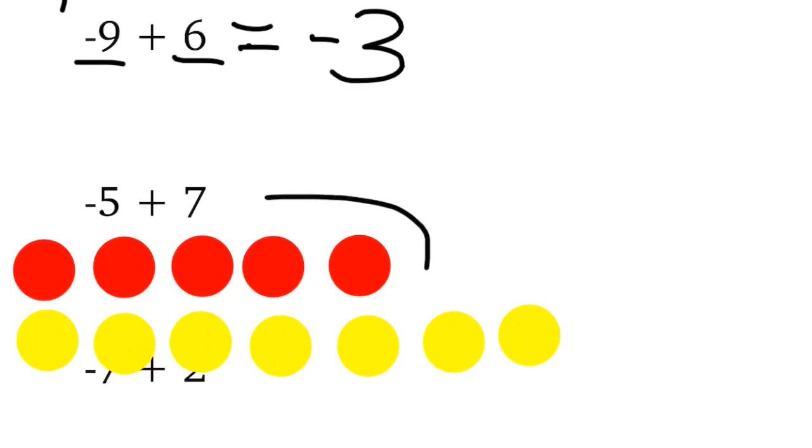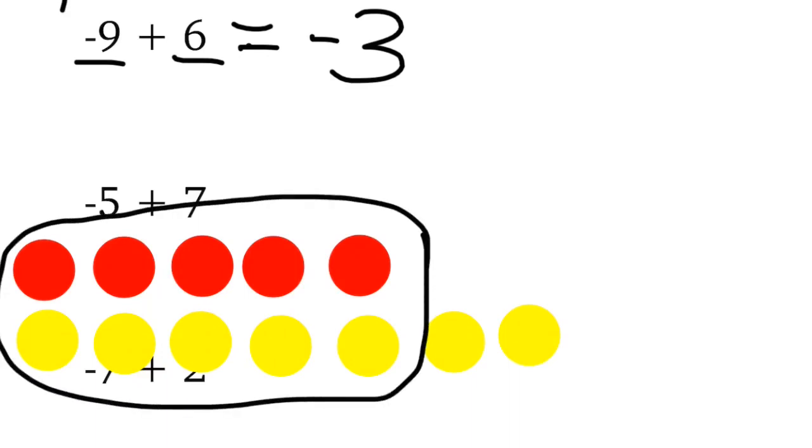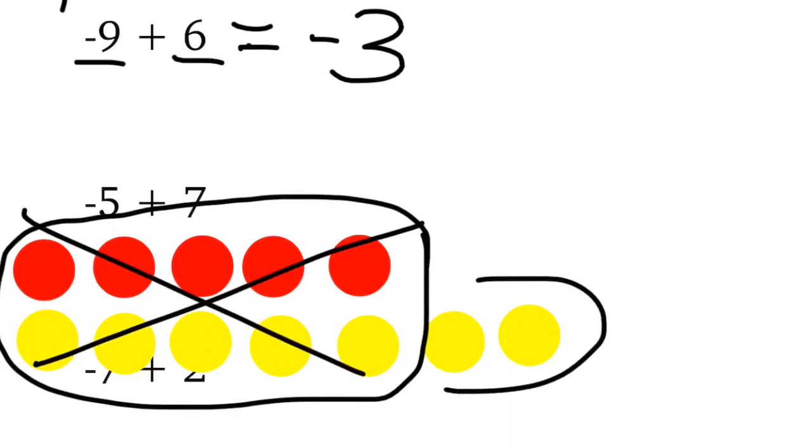So here I see that I have 5 0 pairs. So these are eliminated. And then what I have left are positives, and there are 2 of them. So -5 plus 7 equals +2.